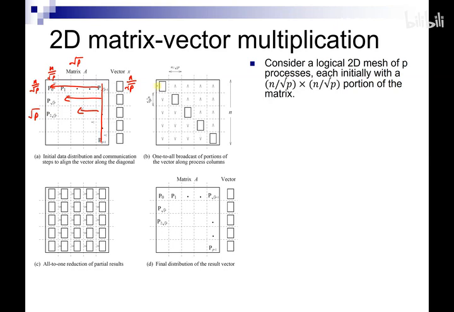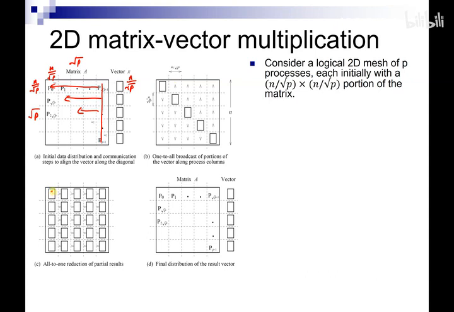For example, this processor has a bunch of rows of A, and he's got this part of x. So you can just multiply those little parts of the rows by this part of x. If you take the part of a row and multiply by the part of x, you're going to get some value over here.